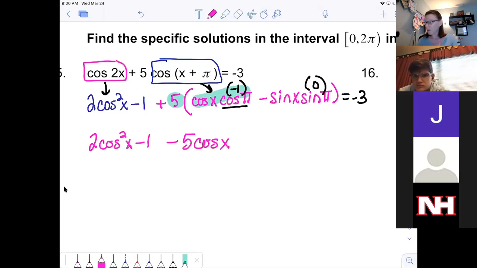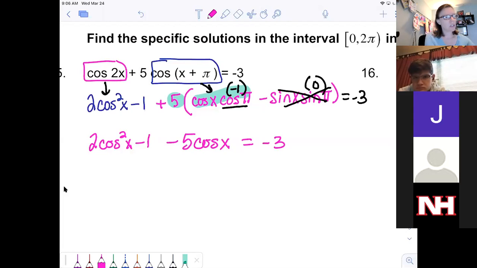The next term says negative sine x times 0. Well, if I'm multiplying anything times 0, that part goes away. So we're just left with -5 times the cosine, and it's equal to -3. Again, replace the cosine of pi and the sine of pi with their actual values.